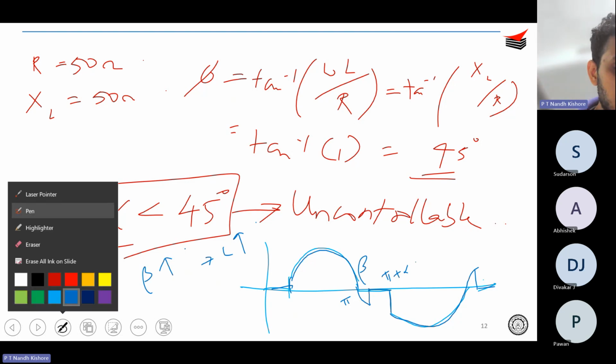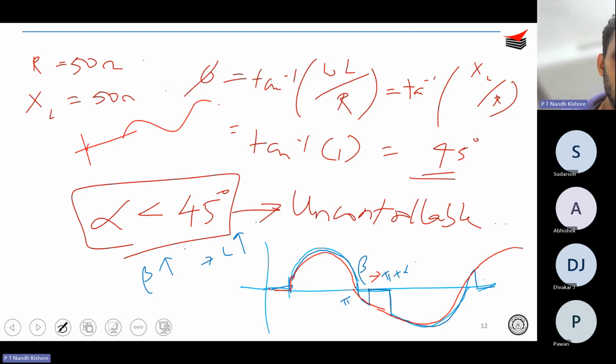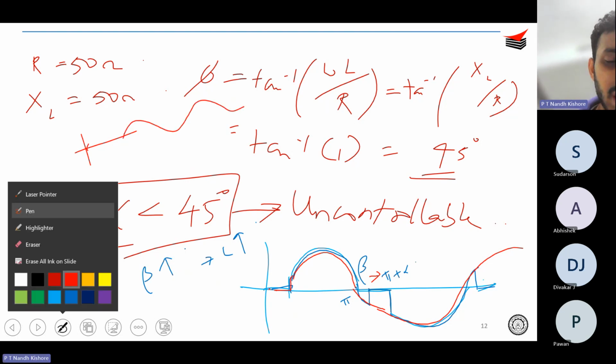At some point of time, what might happen is that beta is so high that it will coincide with pi plus alpha, right? So you will get something like this. It will just go on. It will just be a sine wave, right? So you can understand it's going to be just a sine wave. Okay. And your current, right?